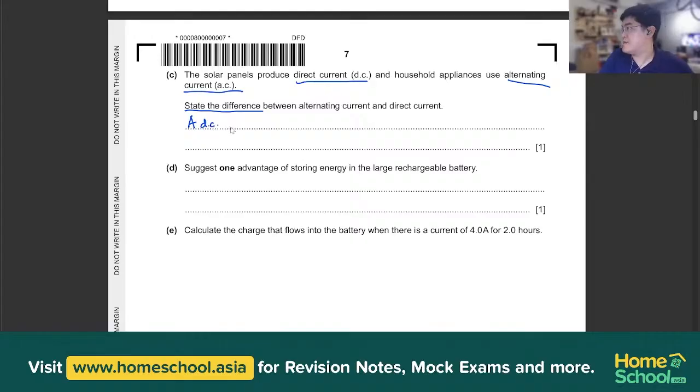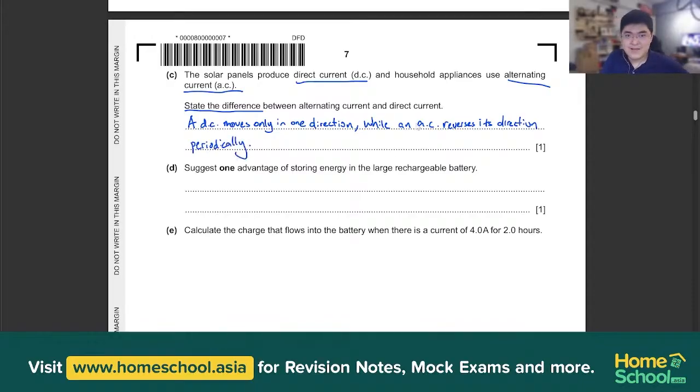A DC produces current that only moves in one direction, right? And AC reverses its direction. Theoretically. All right, so there we go.